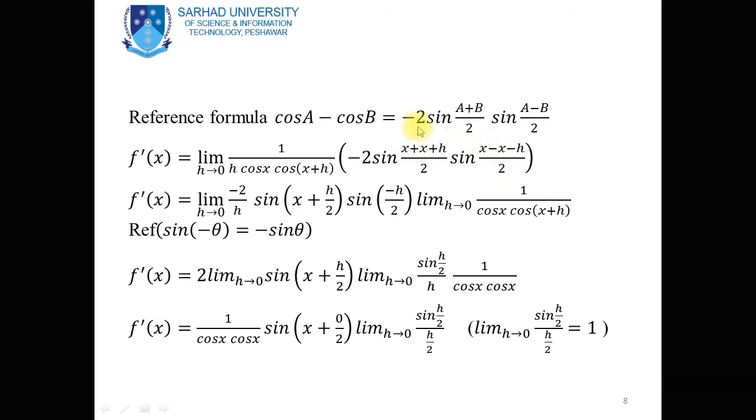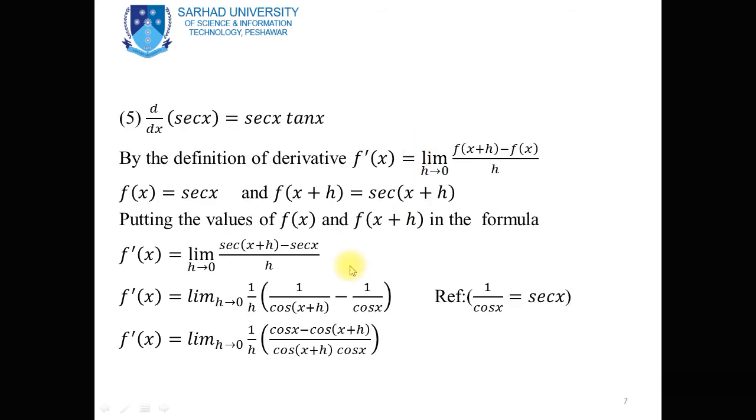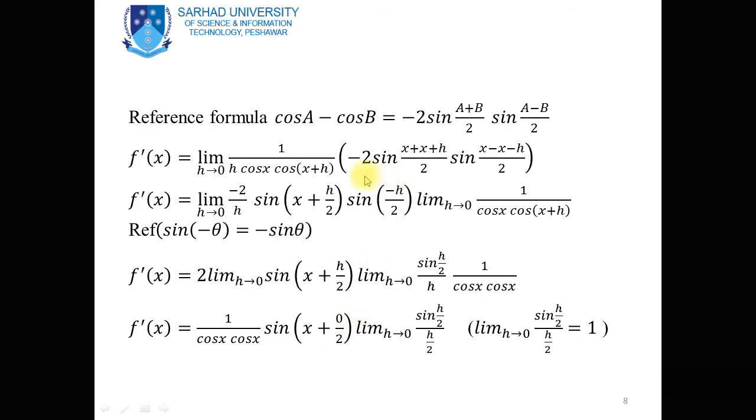Here a represents x and b represents x plus h. So by simplification, x plus x is 2x divided by 2 cancels, so we get x plus h by 2, and x minus x minus h cancels, giving sine of minus h by 2.